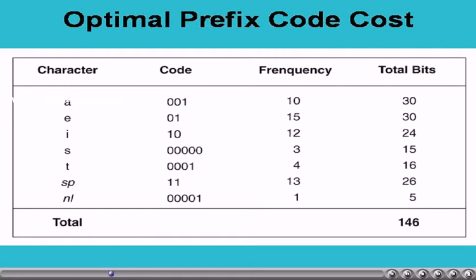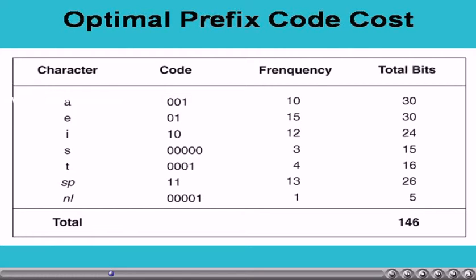Now, if we calculate how many bits are required in total for this data involving 58 symbols, we find that 146 bits are required. That is, for symbol A, 3 bits are required.